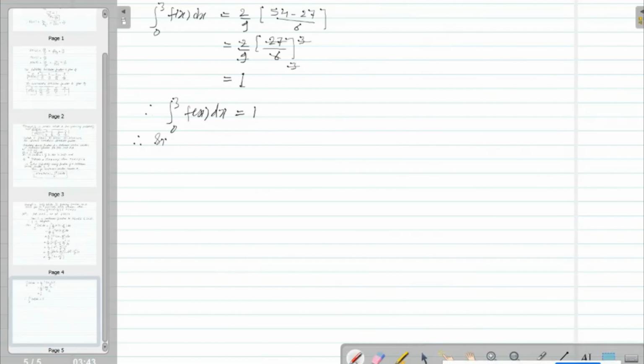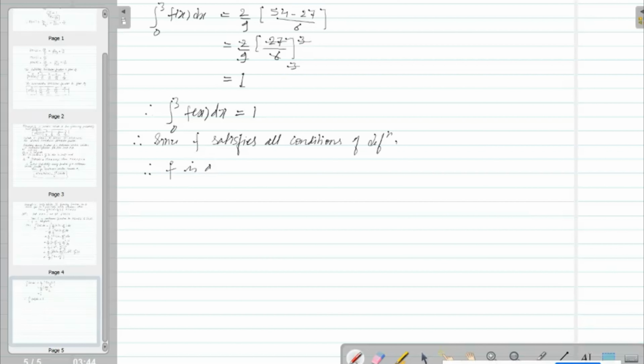Since f satisfies all the conditions or definition of a probability density function, therefore f is a probability density function.